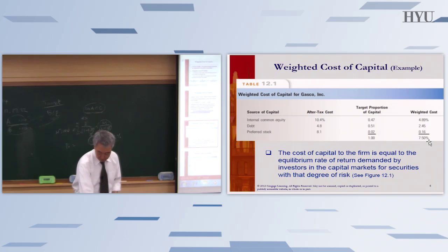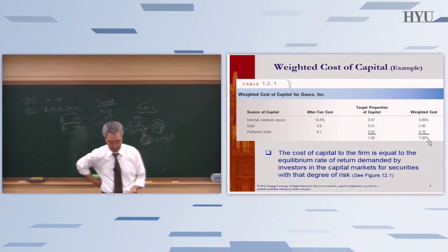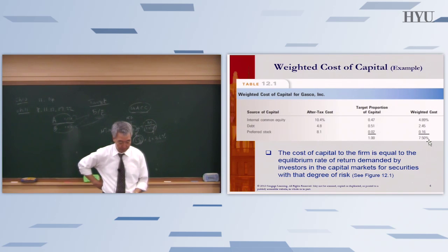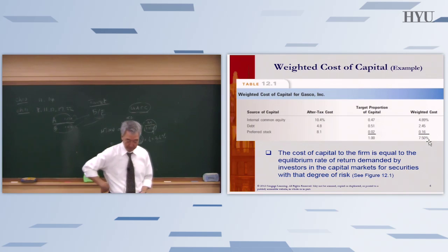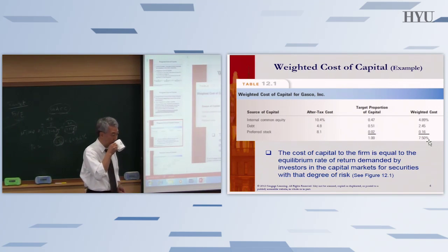The statement there: the cost of capital of the firm is equal to the equilibrium rate of return demanded by investors in the capital markets for securities with that degree of risk. What does that mean? Equilibrium rate of return?